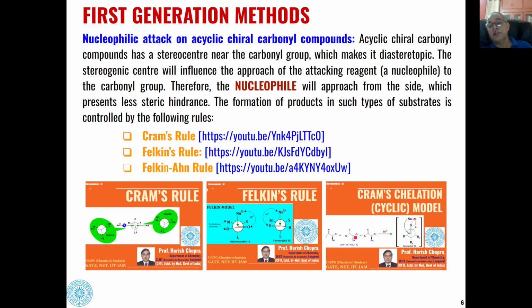The synthesis involved is asymmetric synthesis, because one of the enantiomers or diastereomers is formed in more amounts.